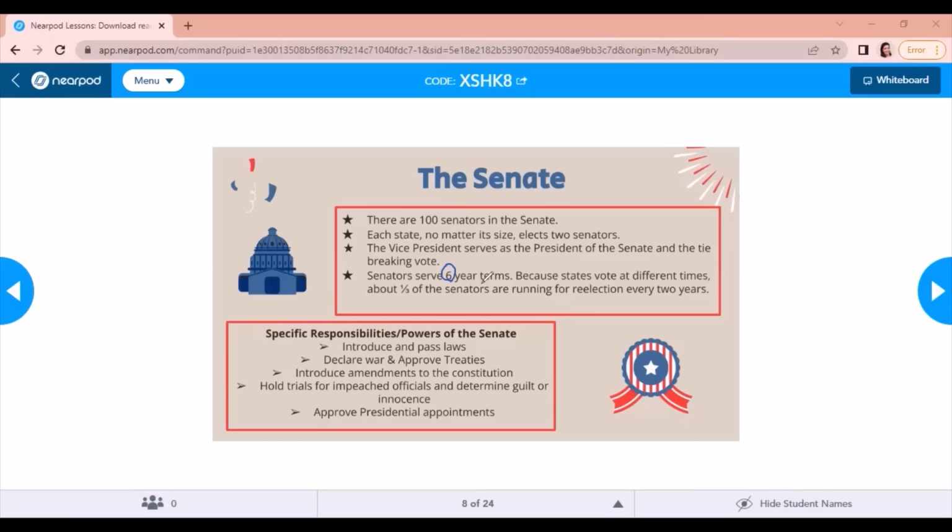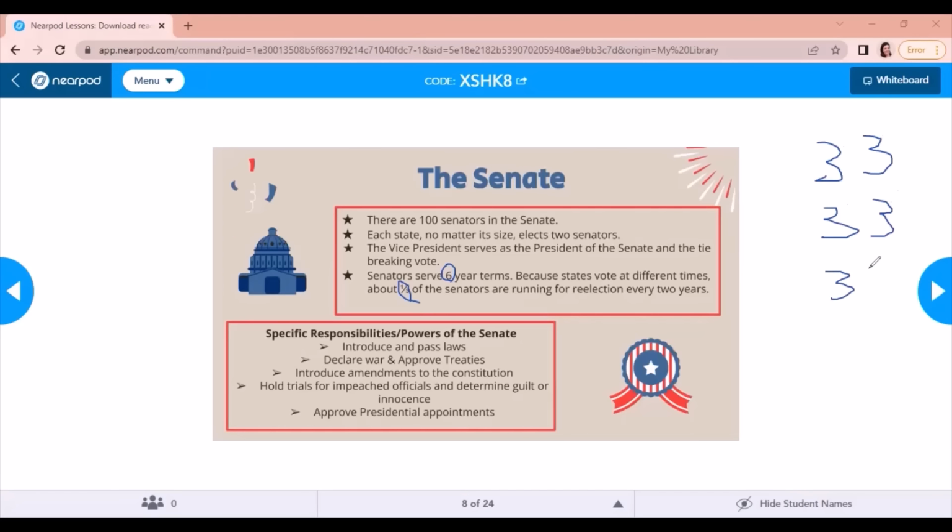Because states vote at different times, about 1/3 of the senators are running for re-election every 2 years. Now you're thinking, but 3 doesn't divide into 100 evenly. Well, we have 33 and 34.